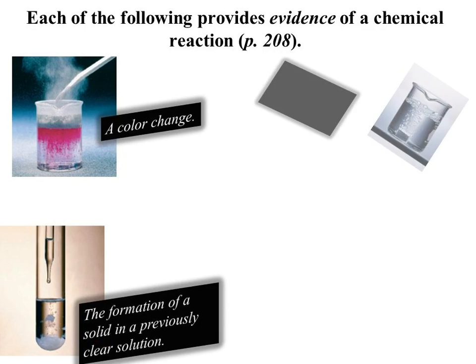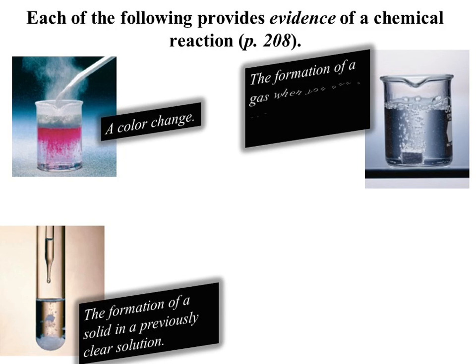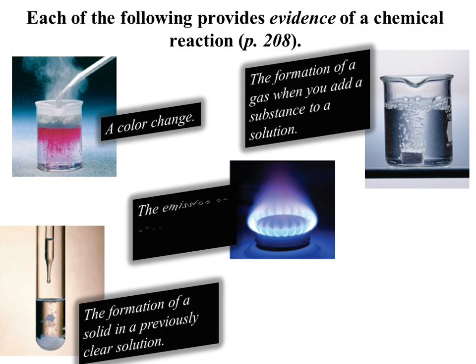Here we have something that's clear, and something happens. We get bubbling stuff. When you did your observations lab, in some cases it bubbled, it gave off a gas. Gas is something new. If something gives off heat, it may or may not be a chemical reaction behind the scenes.